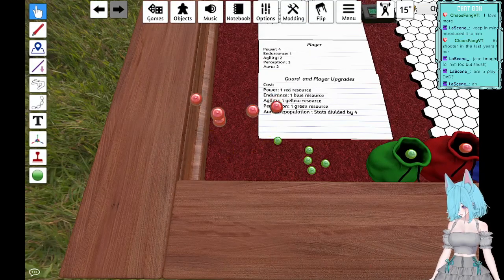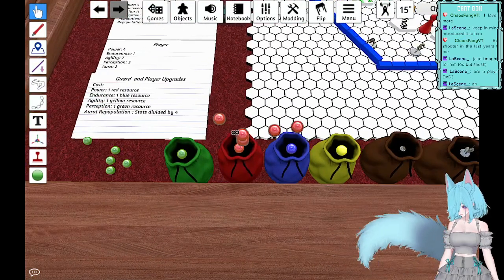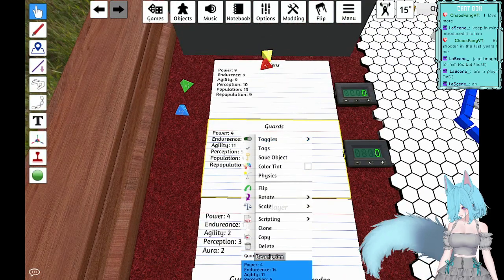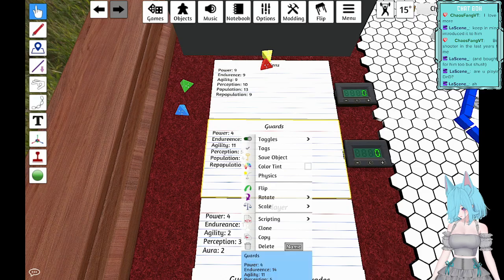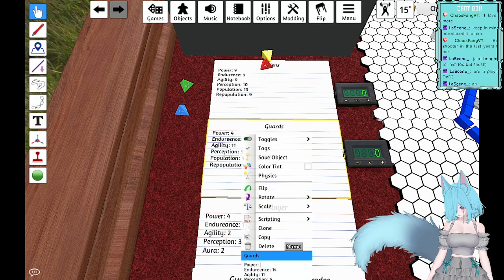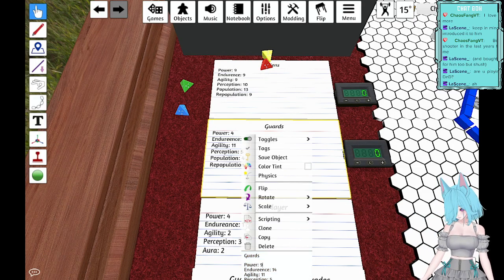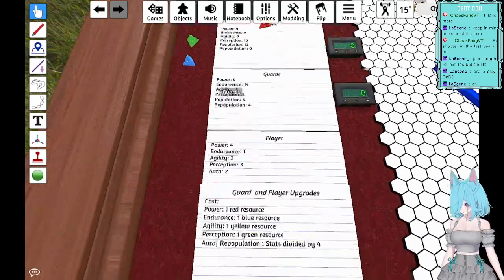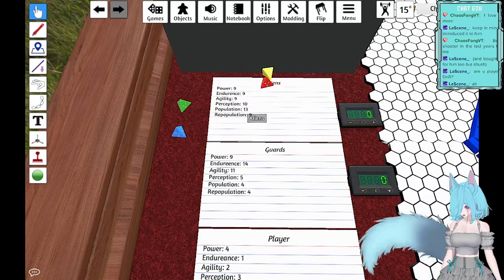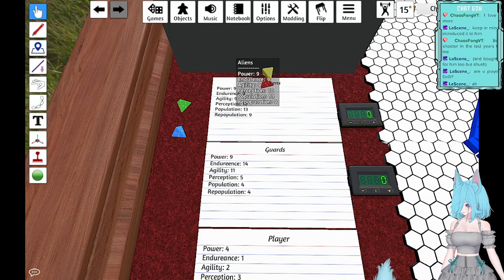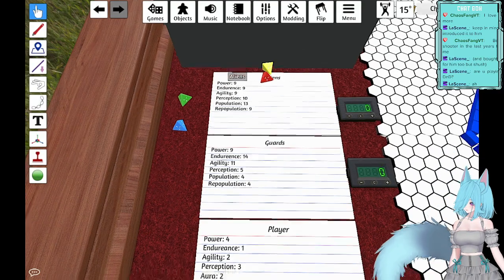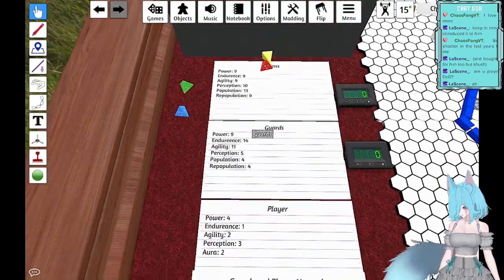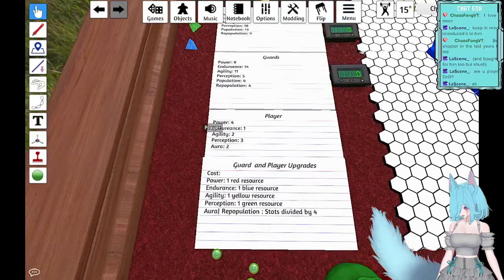So, let's go all in on the power creep. So they're gonna survive in terms of power. However, perception.